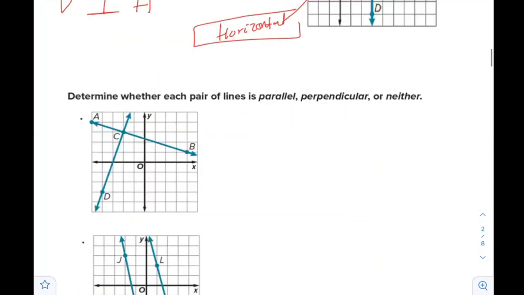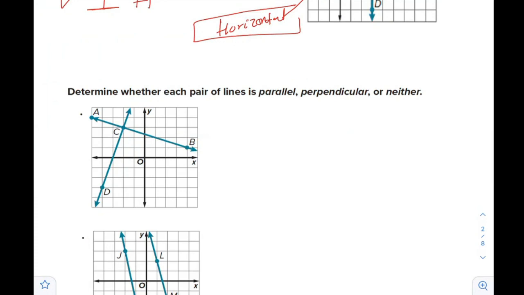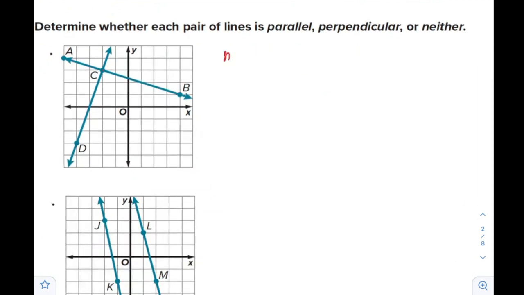Determine whether each pair of lines are parallel, perpendicular, or neither. To determine, we have to find the slope. And to find the slope, you have the option: either you use 2 points on the line, or you use the rise over run as we were doing before. So to find the slope of AB, I will use the rise over run. 1, 2.